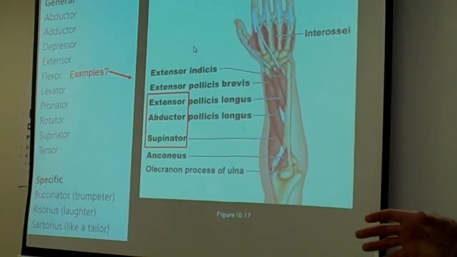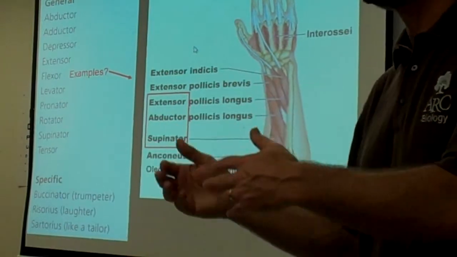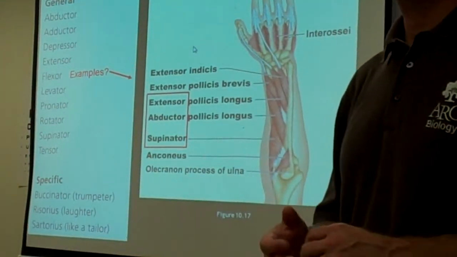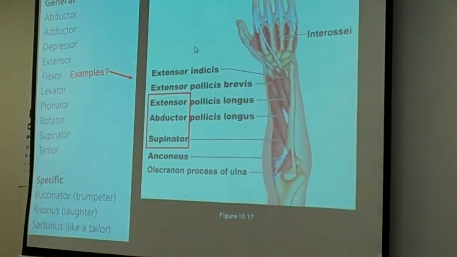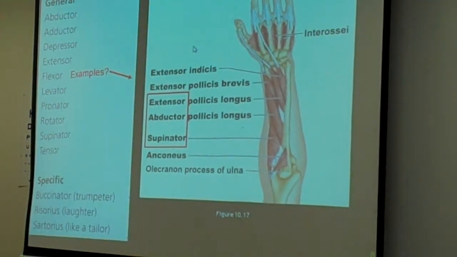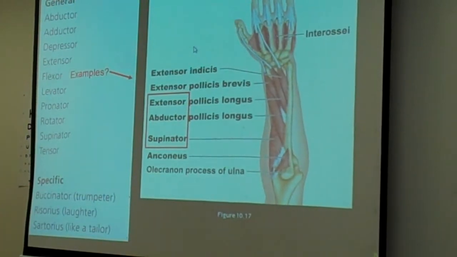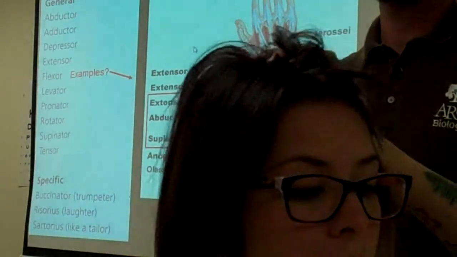So every time you describe an action, you are going to say of the or at the. Right? Flexion at the elbow versus flexion at the spine versus flexion at the knee. Can't just say flexion. Flexion and the joint where the movement is occurring.